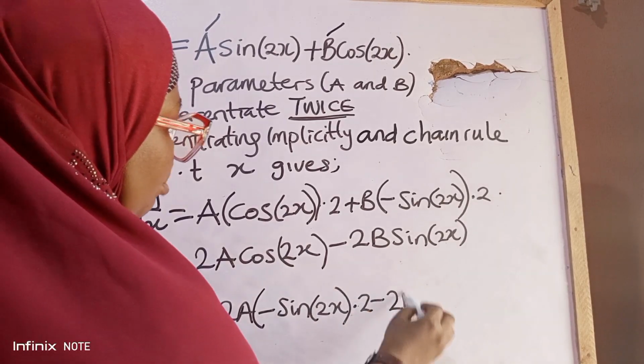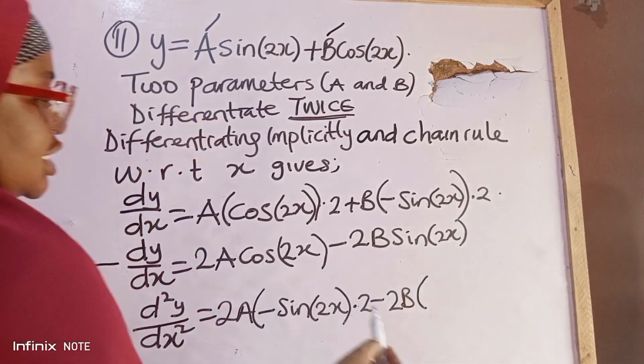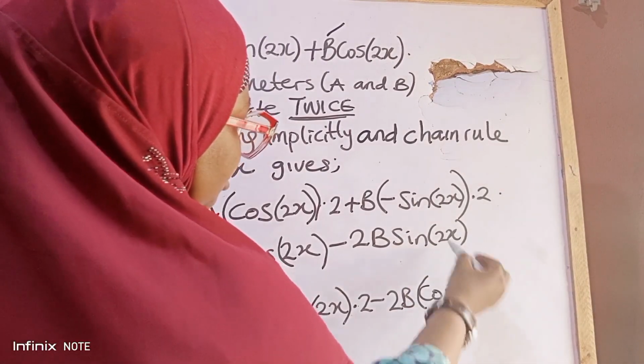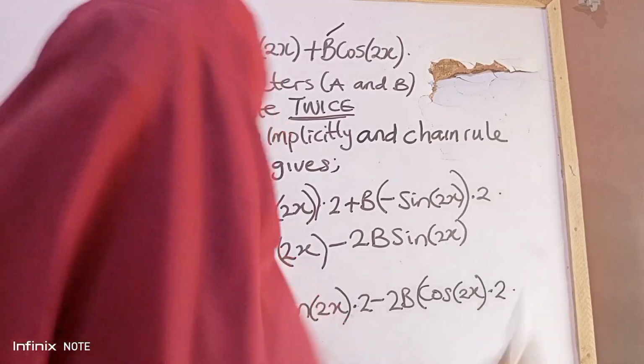Then minus 2B, differentiate sine gives cos 2x, and differentiating 2x gives 2.